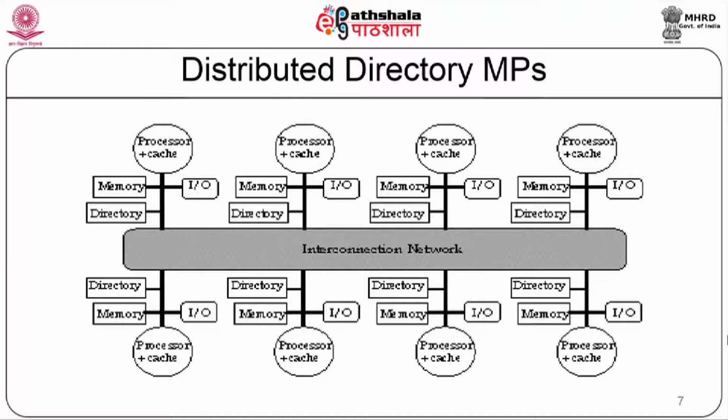Say, for example, you look at an 8K memory, I am just using smaller numbers. Suppose you have an 8K memory and 8 processors, and let me say the memory is divided as 1K in each of these processors. I have a 1K memory, and the directory for that particular 1K is available in the first processor.